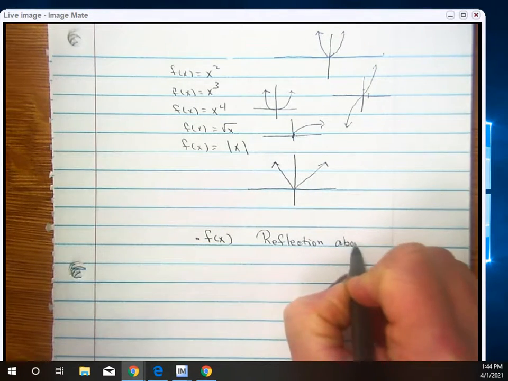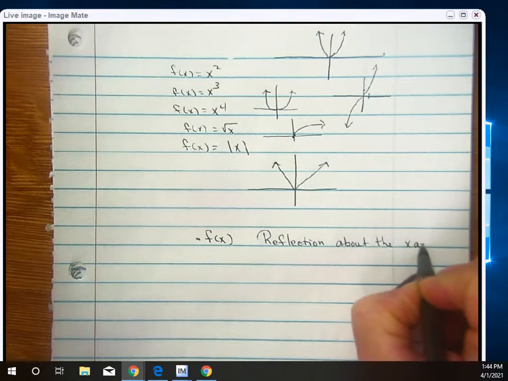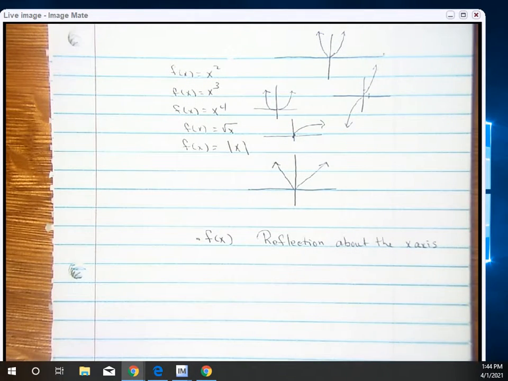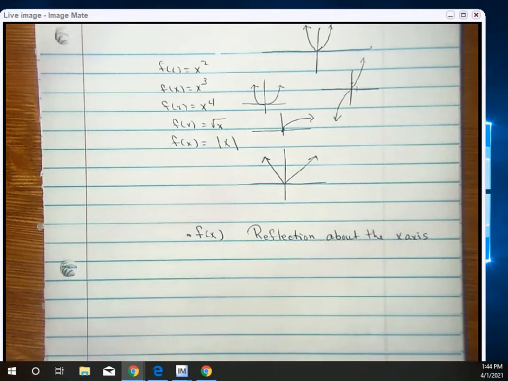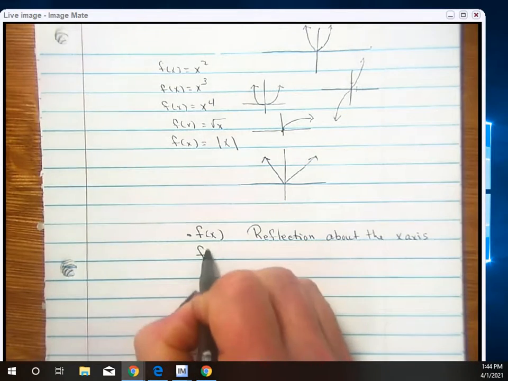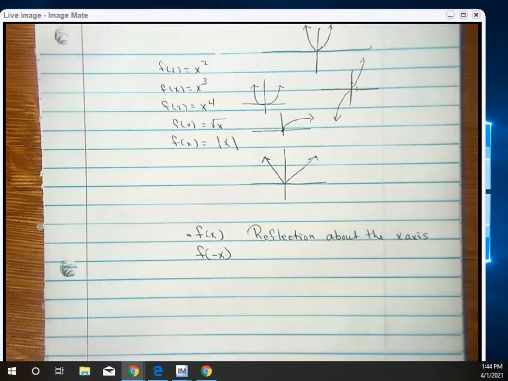Reflection about the x-axis. Now, why do you think it's important for me to say the x-axis? Because if it's y-axis, it would be different. So what makes it reflect about the y-axis? A negative. Inside the function. Yes, the negative inside the function.